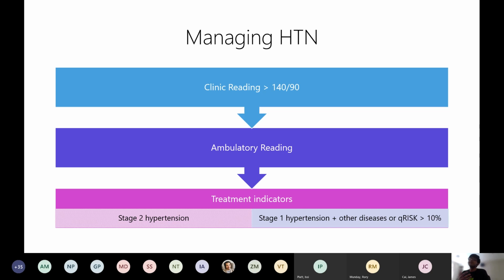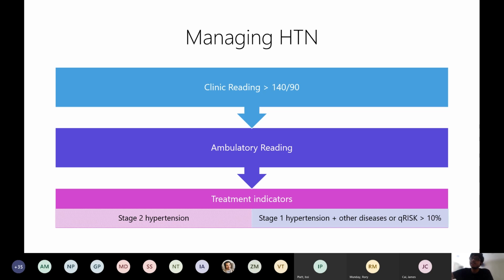If their ambulatory reading is normal, white coat hypertension means you don't need to treat it. It's just because they came to see you as the doctor and that kind of freaked them out. So don't worry about it. But if it's stage 1 or stage 2, you need to think about whether you want to treat it or not. So when do you treat stage 2 hypertension?